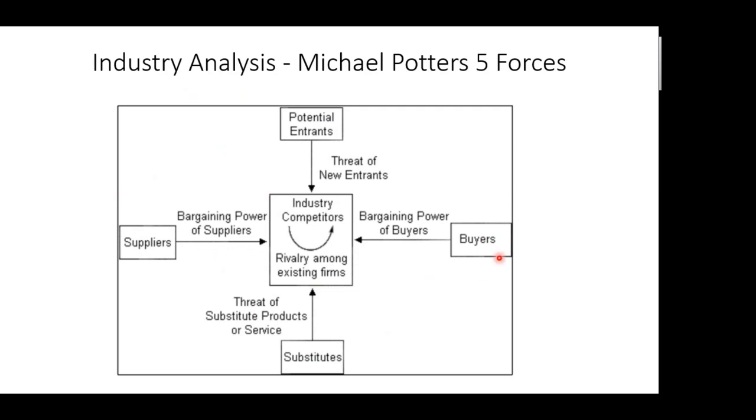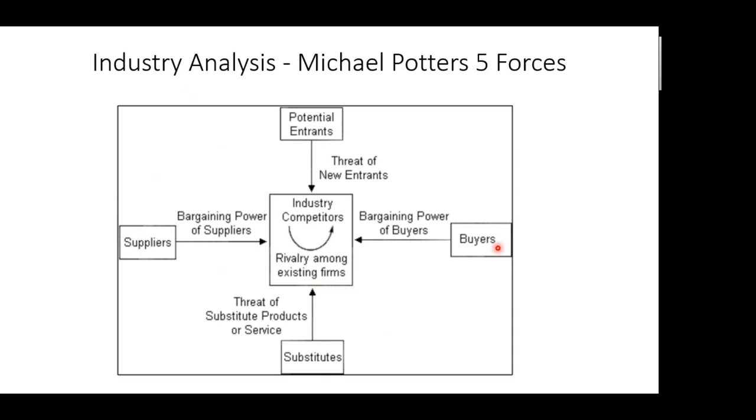And the other one is the bargaining power of the buyers. A pretty good example is the local garment factories. Most of the local garment factories produce their garments for foreign buyers like Gap, Next, Tommy Hilfiger, Marks and Spencer, very expensive brands.